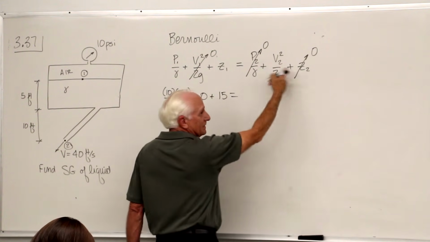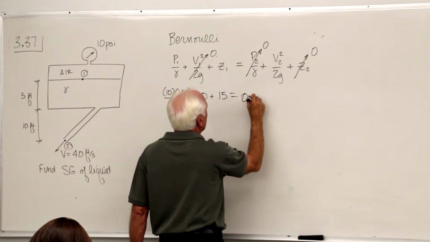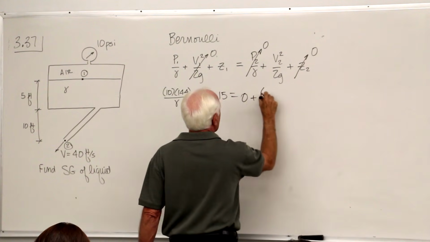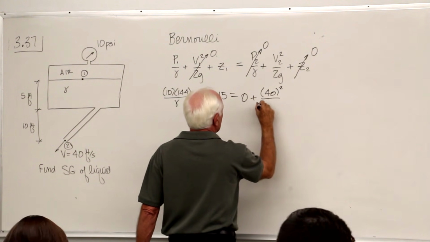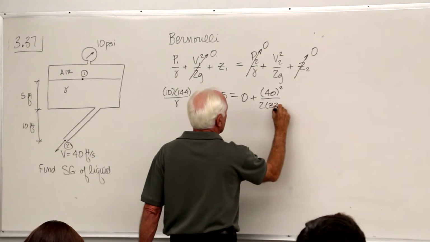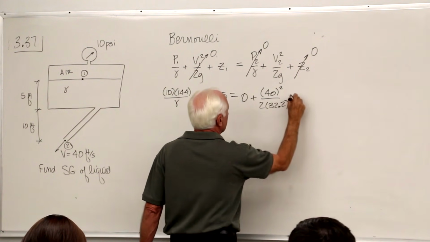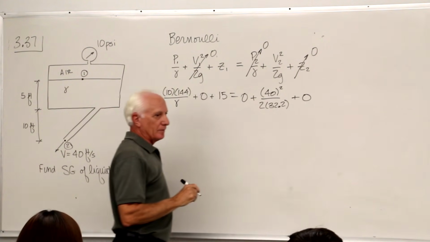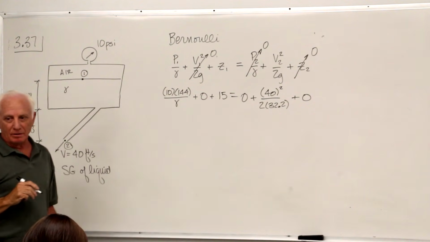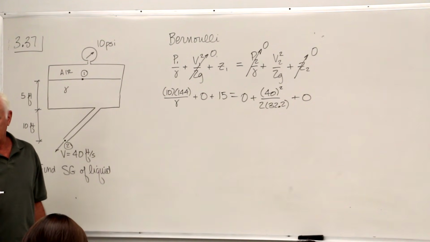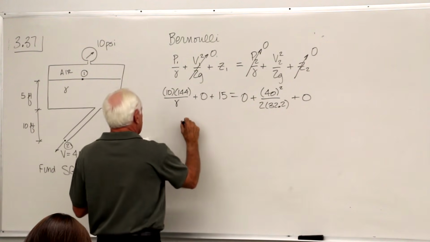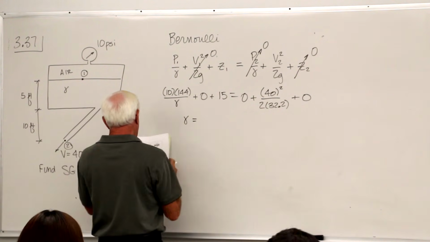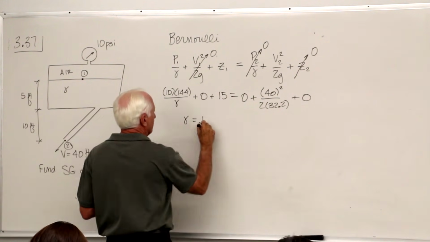Equal. These guys are gone. 0 plus V2 squared over 2 times 32.2 plus 0. If you don't know g, always assume 32.2 or 9.81. That's a default value. Solve for gamma. 146.3.